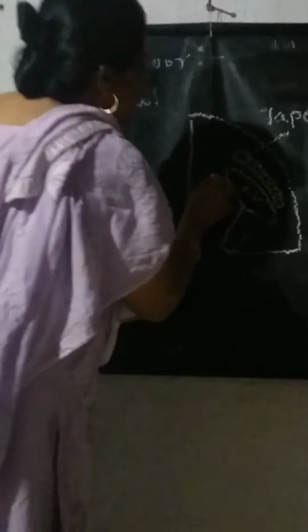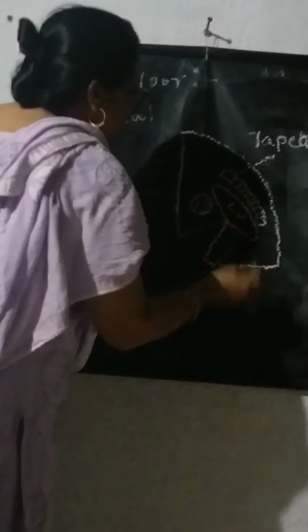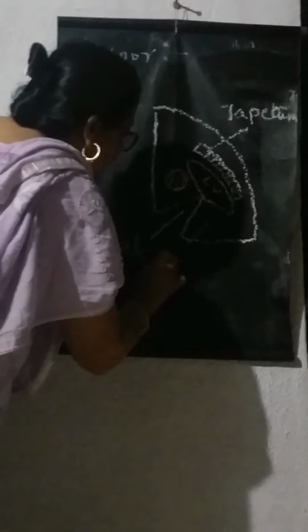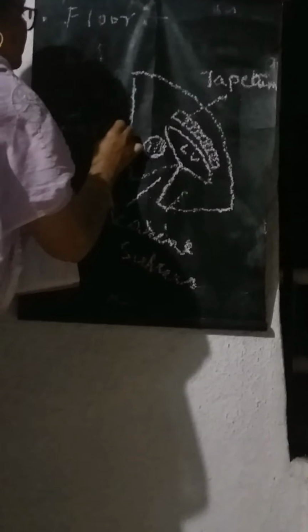The floor is formed by the forceps major and the calcarine sulcus. And this is the forceps major.